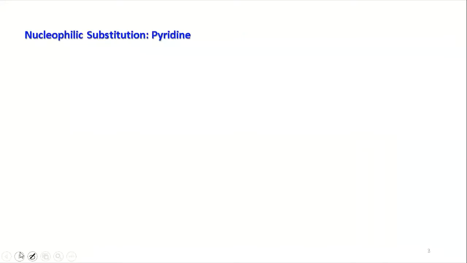Now we'll look at different examples and see what variations you have. The first thing we look at is the substitution reaction.